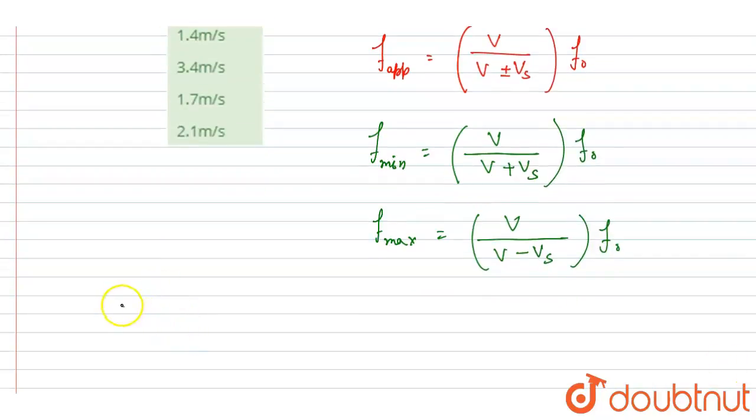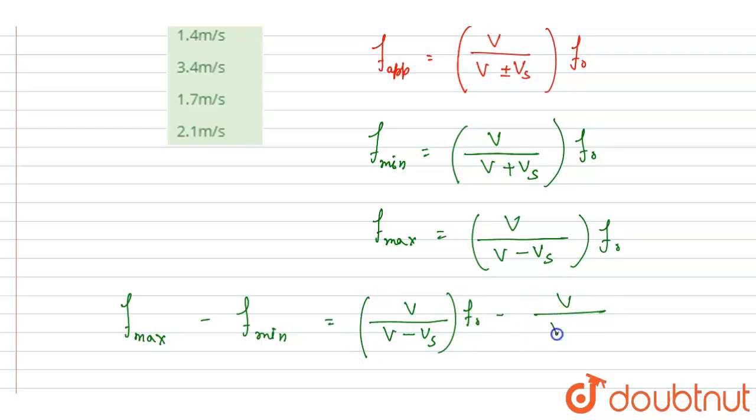So if I take the difference, f max minus f min, it will be v upon (v minus vs) f naught minus v upon (v plus vs) f naught.